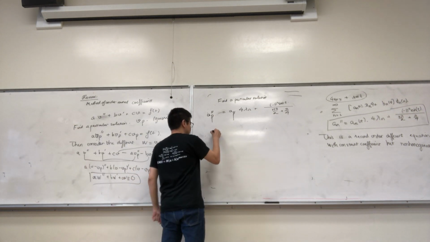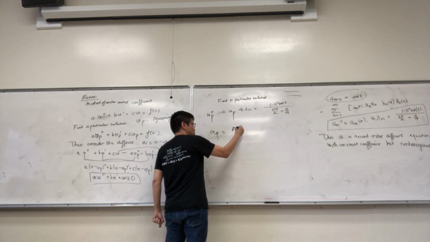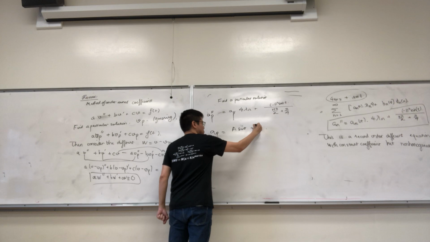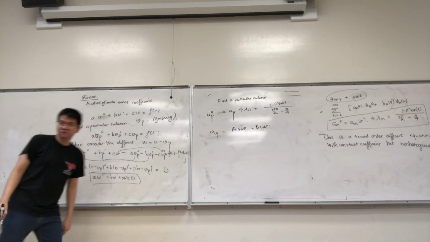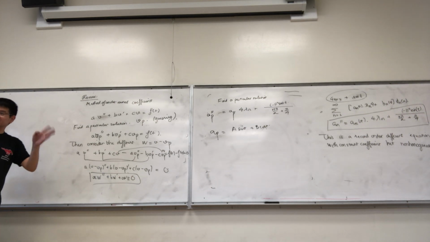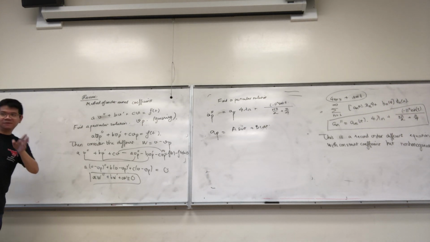So I'm going to get a solution of this type, a sine t plus b cosine t. Right? So there are 9 cases in the book of Haberman. You remember?